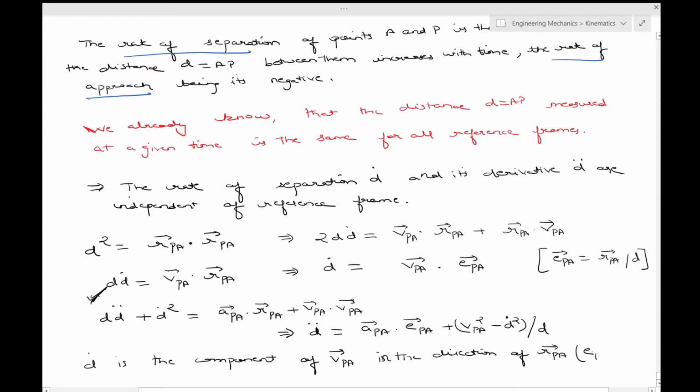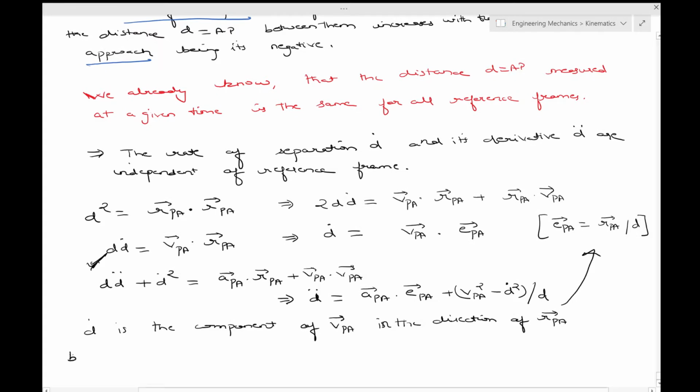EPA, as you know, we have already written, you can just refer to what we have written over here. But d double dot is not the component of APA in the direction of RPA.